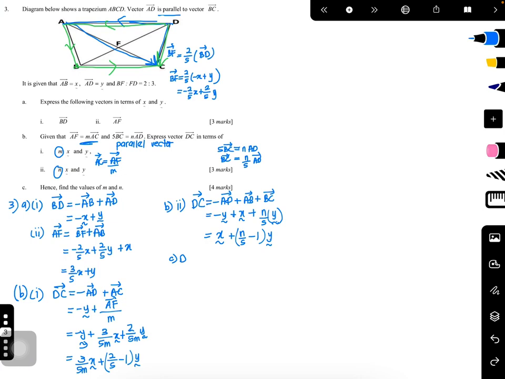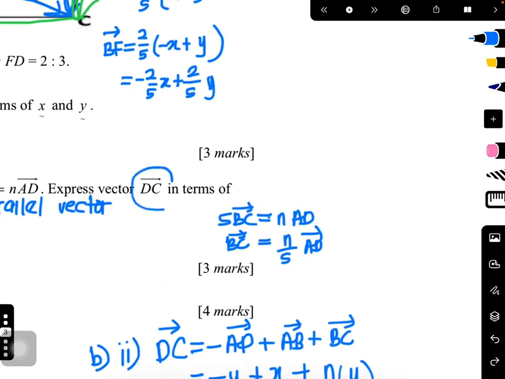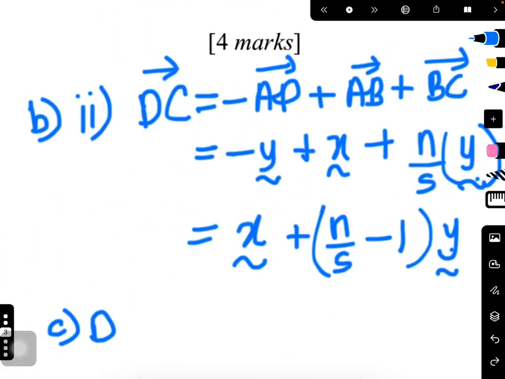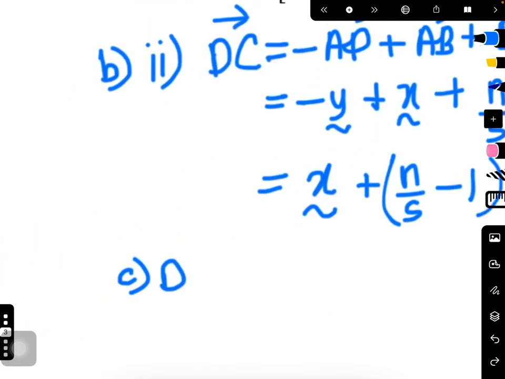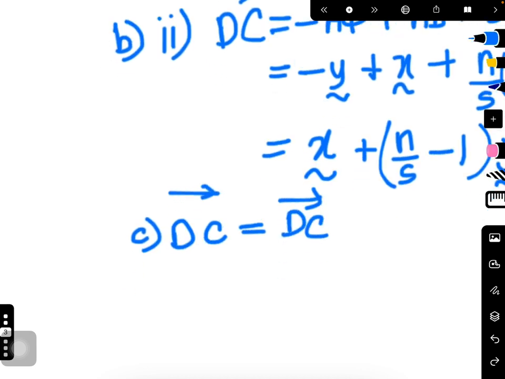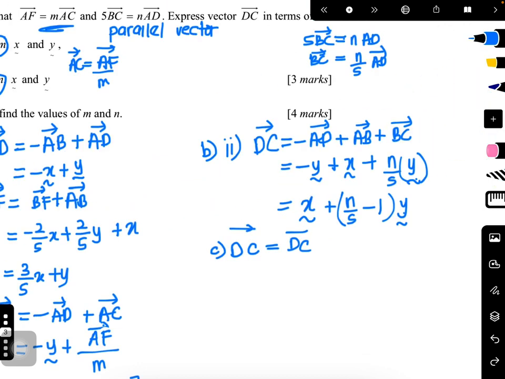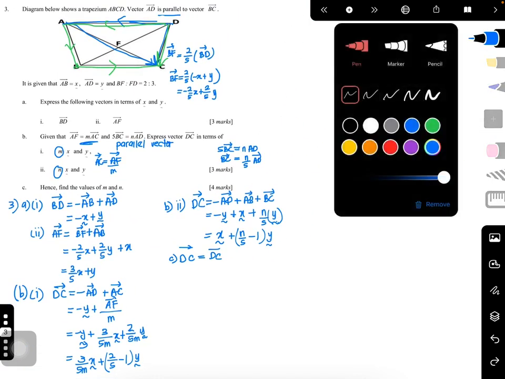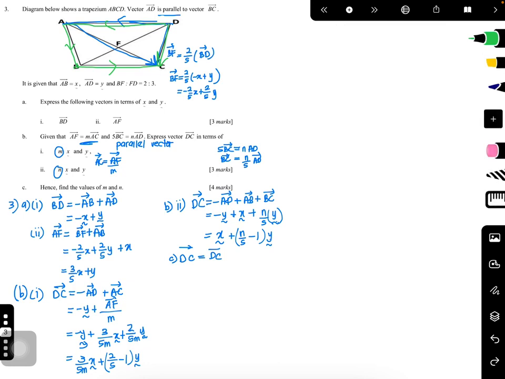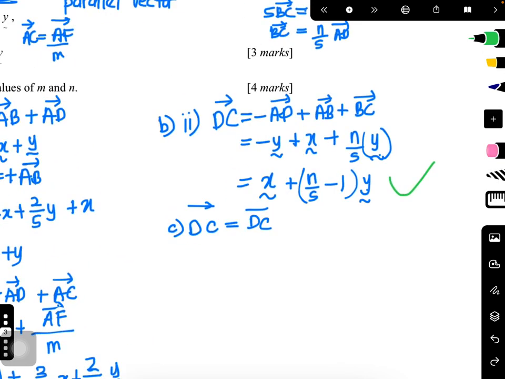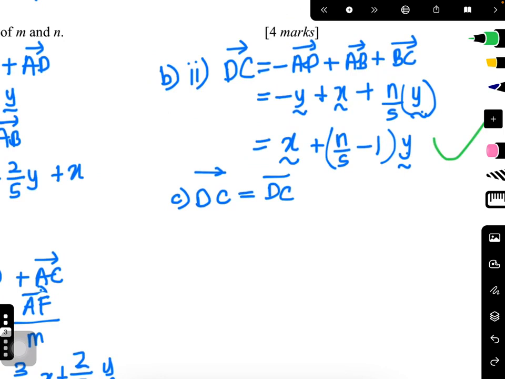We can find m and n in vector DC. So we can equate both because vector DC is equal to vector DC. So we get from this first, this first and this first, the second. We just need to equate them.